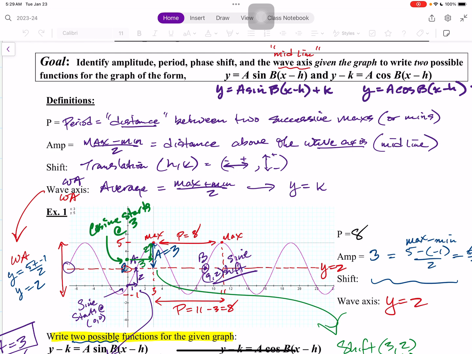The shift is just the translation, how far you have to shift it from an untranslated sine or cosine wave, and the wave axis, or what you may have heard as the midline, is calculated by taking the average of the max and the min, which simply means you just add them up and divide by 2. And then that value there is y equals k, and it goes right through the wave. It's actually part of the shift. So when you know the shift right there, then you know the wave axis or the midline or the equation of the midline.